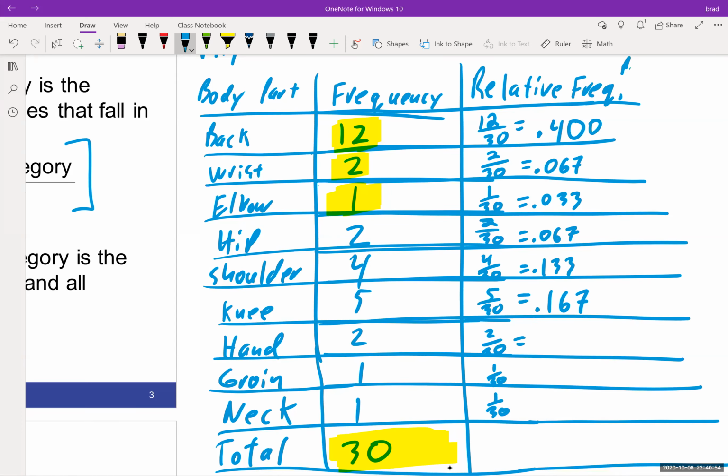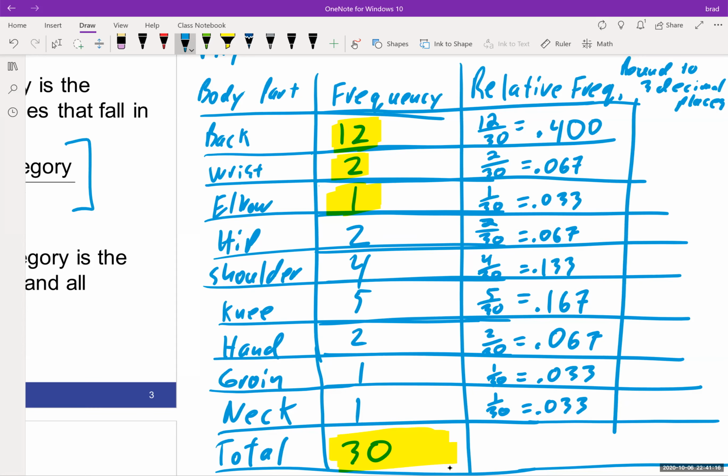So I'll put round to 3 decimal places. And 2 divided by 30 we already know is 0.067. 1 divided by 30 we already know is 0.033, and then 0.033. Okay, so this is our relative frequency.